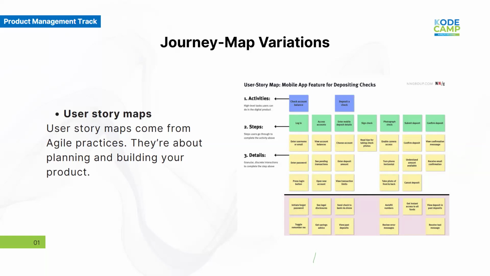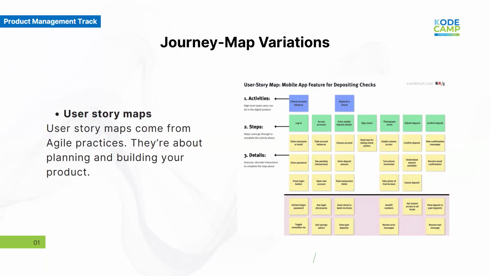There are sticky notes or digital cards organized in rows and columns. You see the steps, you see the features, but the purpose of a user story map is very different, right? User story maps come from agile practices, if you remember our agile and waterfall methodologies.